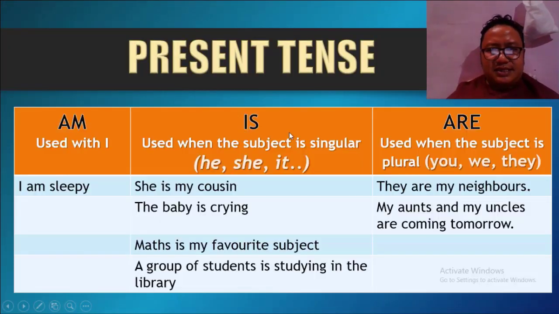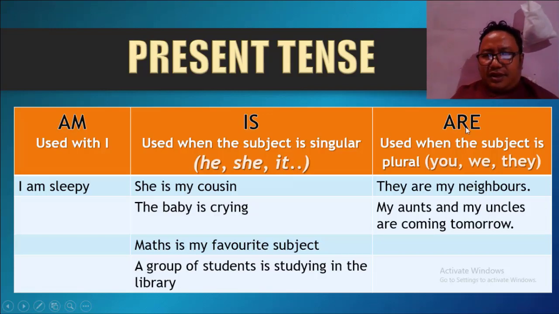Am, is, and are. Am is used with I. Is is used when the subject is singular: he, she, it, or a name. And are is used when the subject is plural, like you, we, and they. So here are the example sentences.